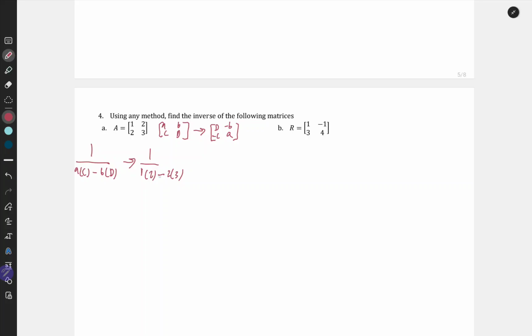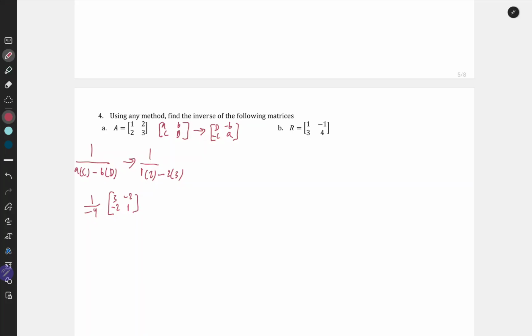Which would be 2 minus 6, which is negative 4. So 1 over negative 4. But right now we need to write this, but inverse like this. So now our 3 is up here, and now our 1 is down here, and now our 2 is negative, and now our other 2 is negative.